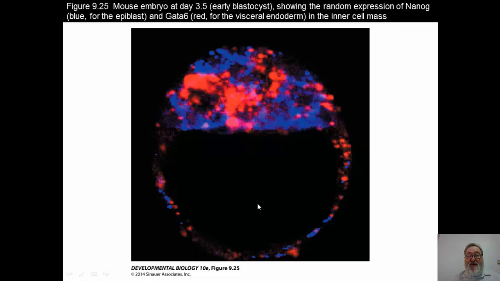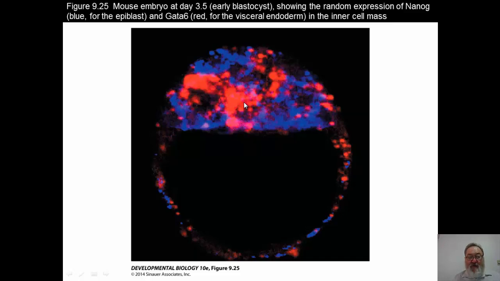Here's a mouse embryo at day 3.5, early blastocyst stage, showing the random expression of a couple of genes, NANOG, and that's the blue that indicates the presence of an epiblast, and GATA6, that's for visceral endoderm. It's in the inner cell mass here. At this stage, 3.5 days, it's pretty much a random mixture of these cell types indicated here.